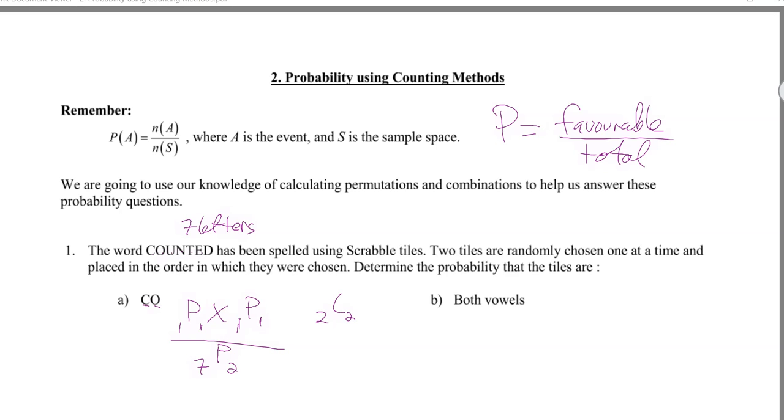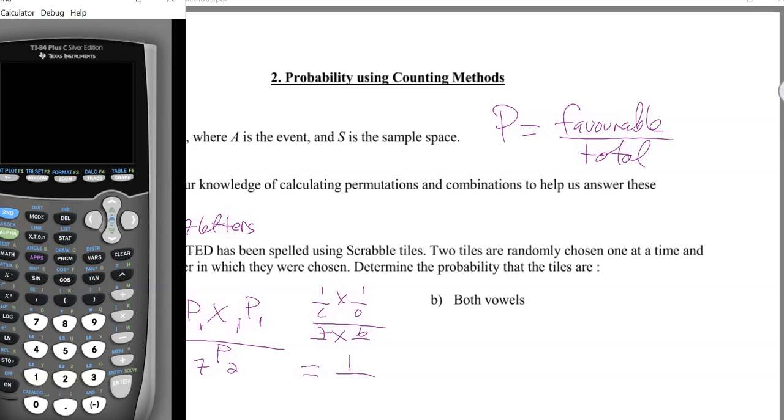Forget it. Just stick with this, right? Fundamental counting principle. There's a C, there's 1, there's an O, there's 1, and then 7 times 6. Either way, this is going to work out to 1 out of, right?